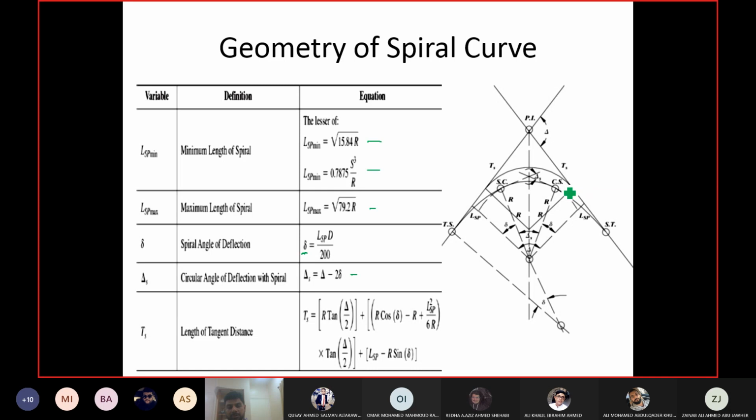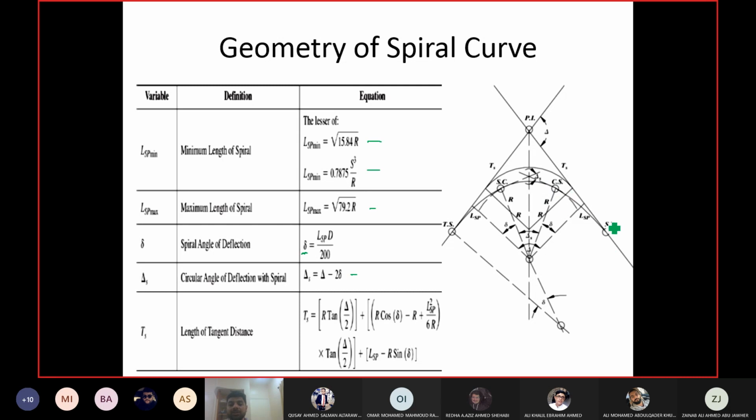Now why do you need a spiral curve at the end? Because you gradually changed the super elevation and the width of the road, you need to gradually change it back as well. Now you are coming towards the tangent again, so you need to gradually change the cross slope and the width to the normal conditions. And again, the driver also needs a gradual change in radius and the degree of curvature as well.